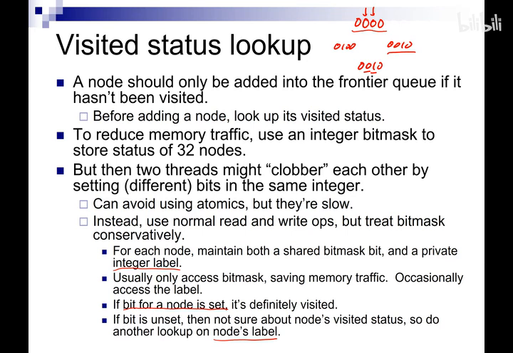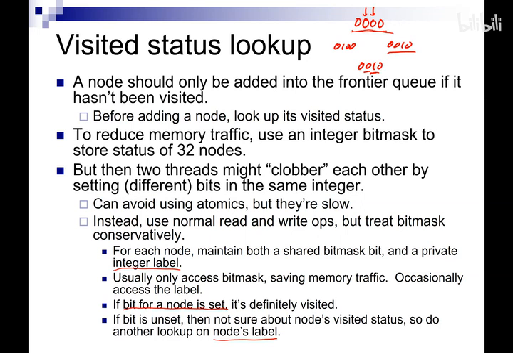Now, these private labels are not going to have this clobbering problem, because every node has a different label, so they're not going to overwrite each other. But the nice thing about having both the bit mask and the labels is that usually we're checking the bit mask first, and as long as the bit mask says 1, we don't need to check the label.